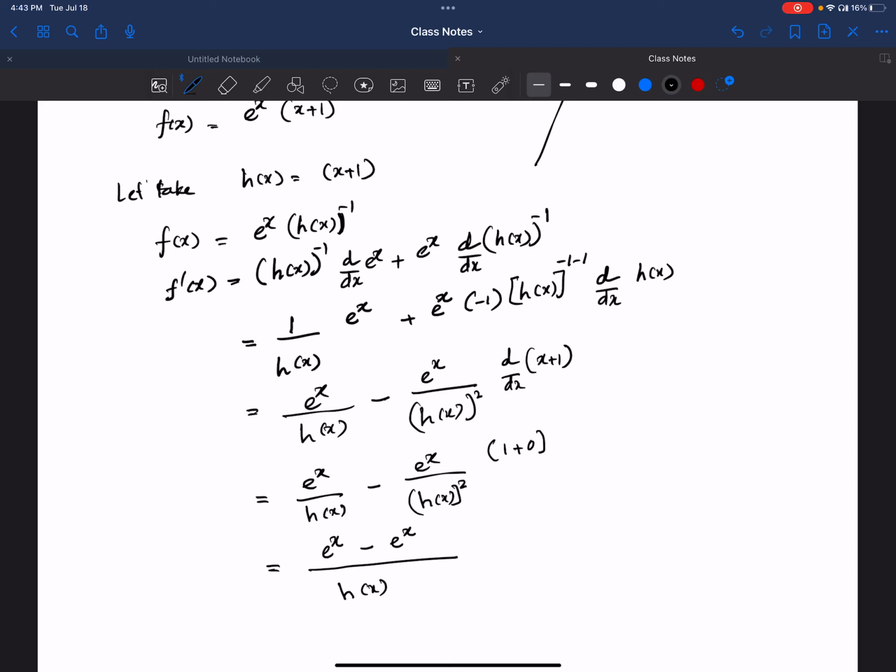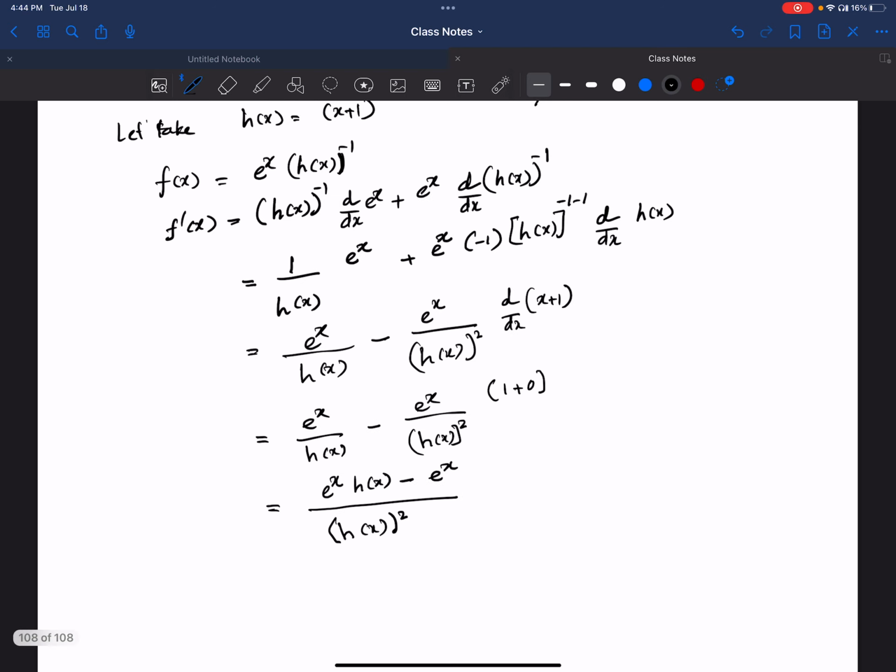So you get h squared, so I need to multiply this by, sorry, my mistake, h of x minus e to the power x. So h of x is 1 plus x, or x plus 1. Let's put x plus 1 minus e to the power x divided by x plus 1 squared.